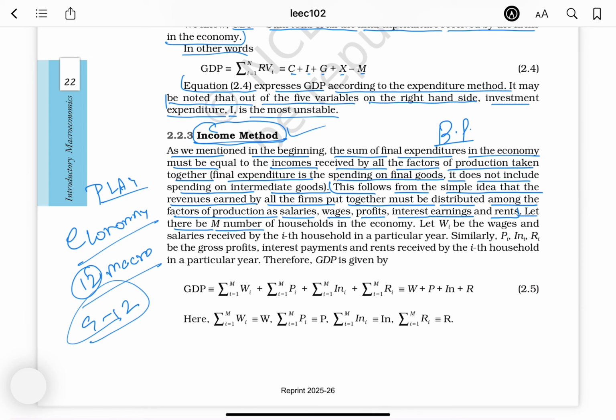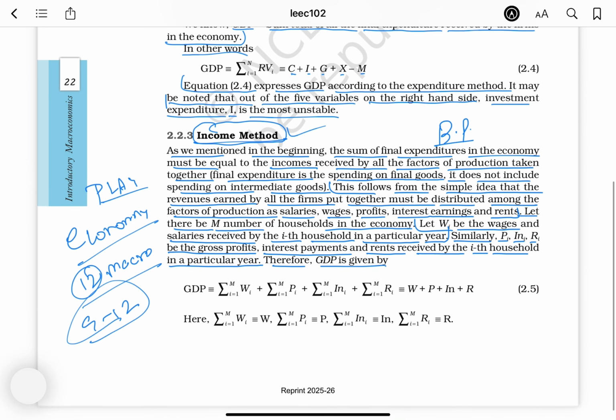Let there be m number of households in the economy. Let Wi be the wages and salaries received by the ith household in a particular year. Similarly, Pi, INi and Ri be the gross profits, interest payments and rents received by the ith household in a particular year.